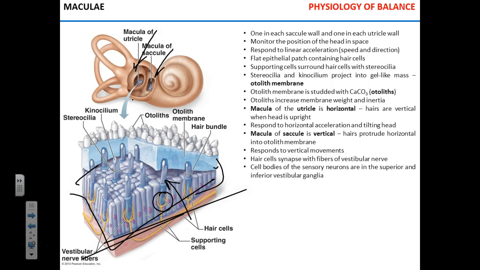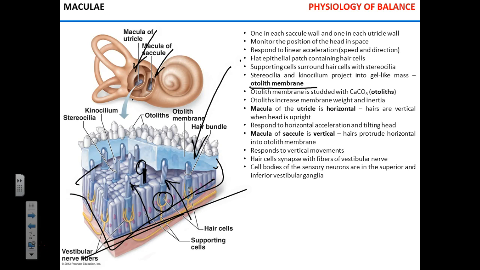Remember that in the ear, stereocilia and kinocilium were projected into the tectorial membrane. In this case, the hairs, stereocilia and kinocilium, are embedded into the membrane called the otolith membrane.